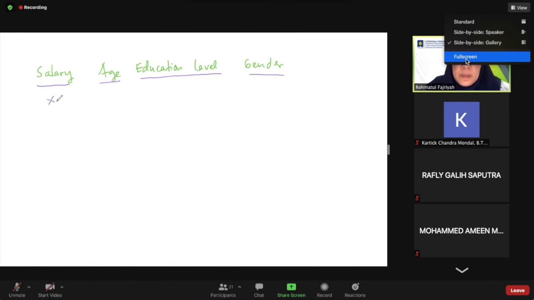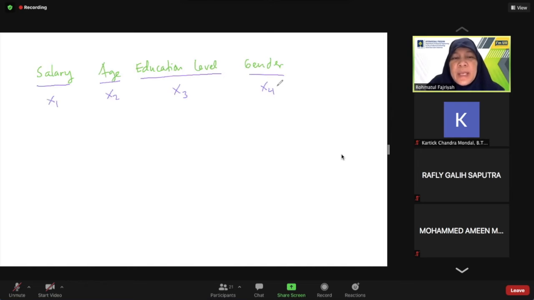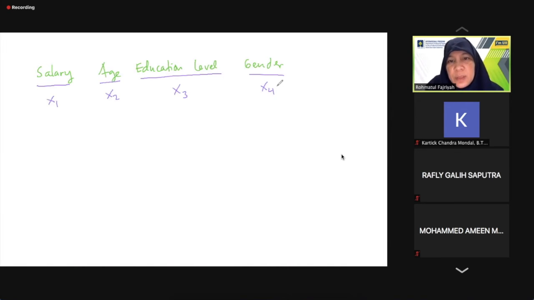So this is the first variable, this the second, this the third, and this the fourth. I would like to know the contribution or the effect of age, education level, and gender towards salary.